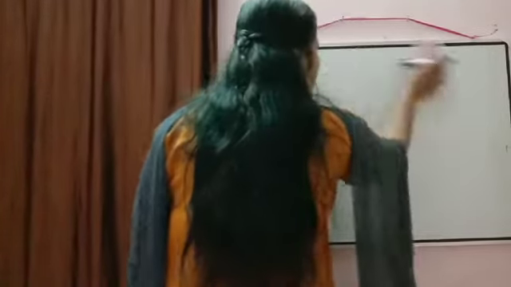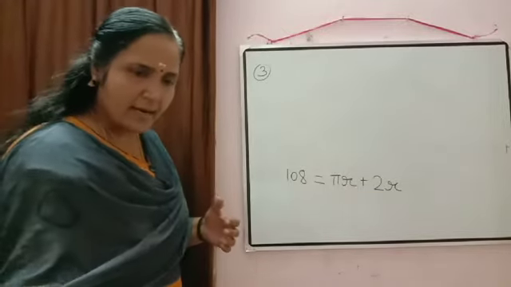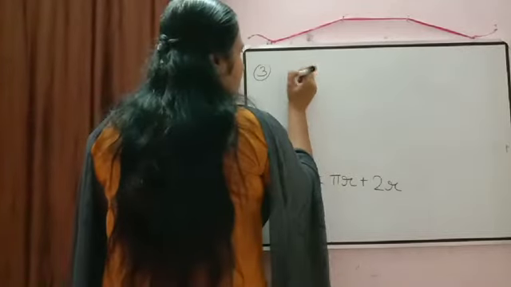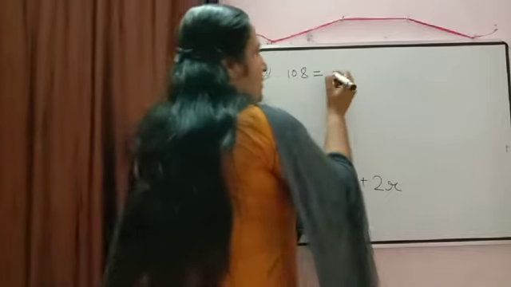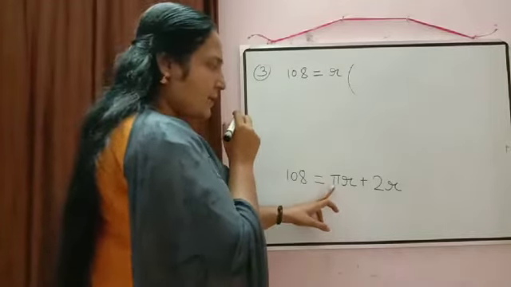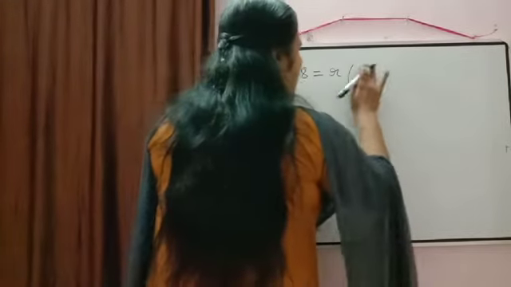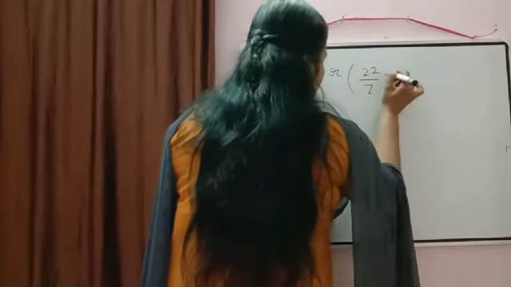Now, to calculate the diameter, first we can calculate the radius. Now we can take r common. So 108 is equal to r, which is common in both the terms, taken outside. Inside the bracket what will remain? Pi plus 2. What is the value of pi? Yes, pi is equal to 22 by 7, plus 2 remaining there.